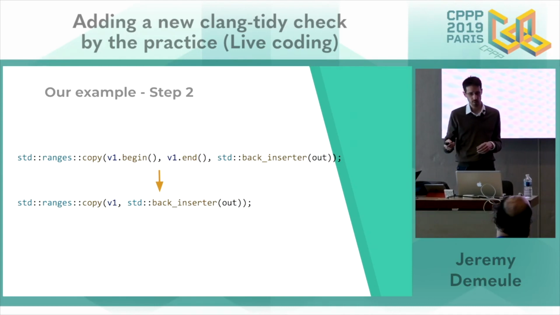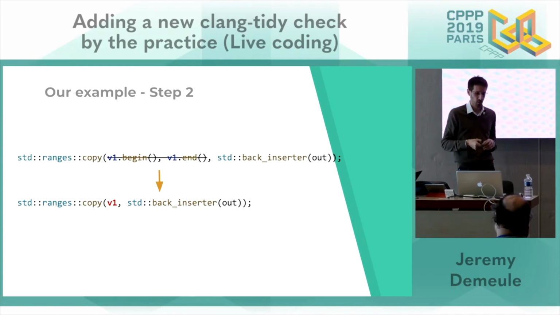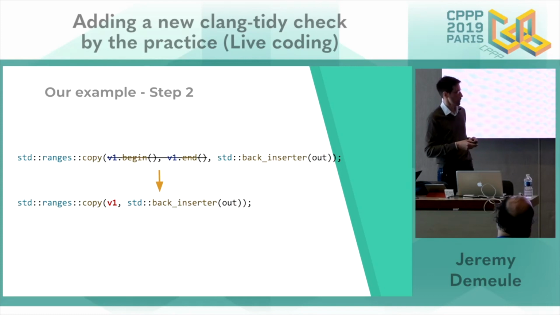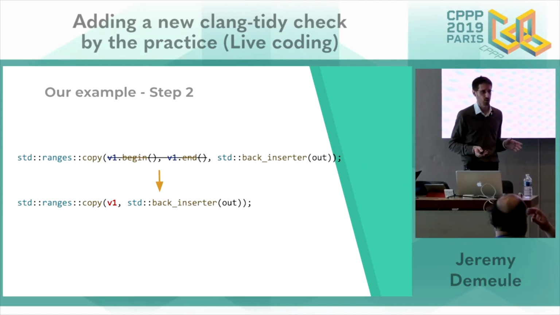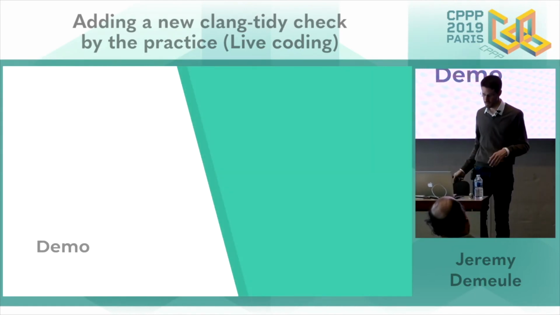If they are the same, we continue, and the replacement becomes: we have to remove the first and the second argument of copy, and replace them with the textual representation of the container. Everything's clear? So let's do it.